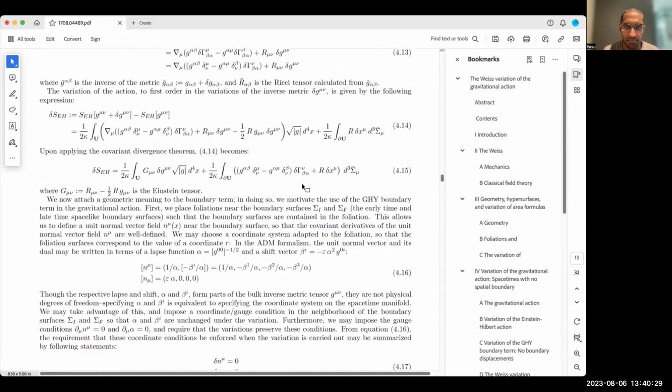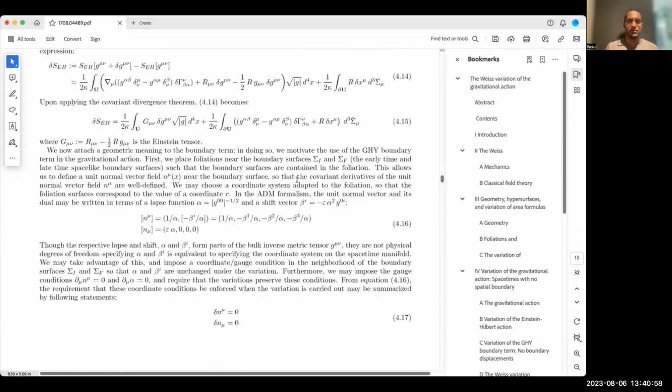And then here we have essentially the equivalent of the expression we had in field theory, where we had something like the momentum, the Pauli momentum times dq. But because of the peculiarities of the Einstein-Hilbert action, you have the variation of the Christoffel symbol here instead.